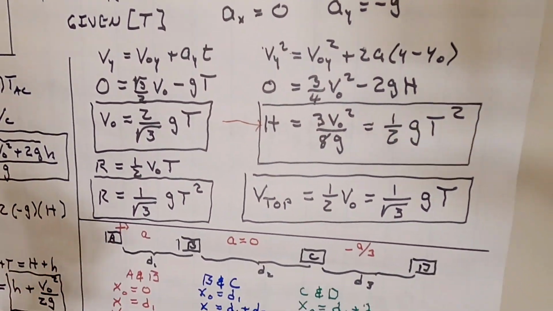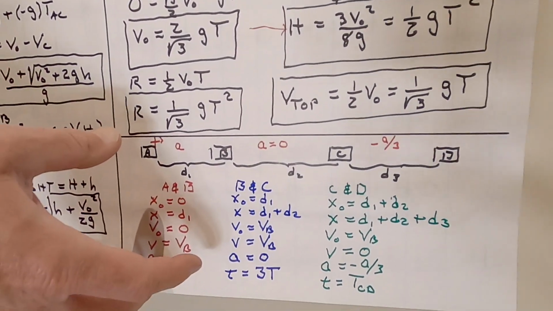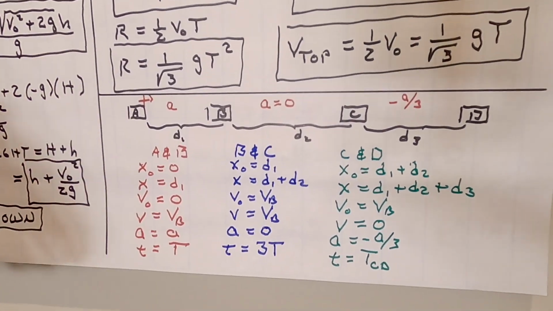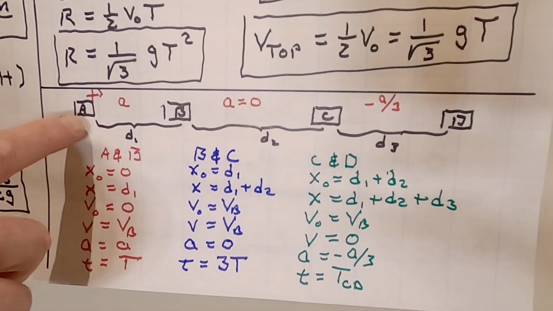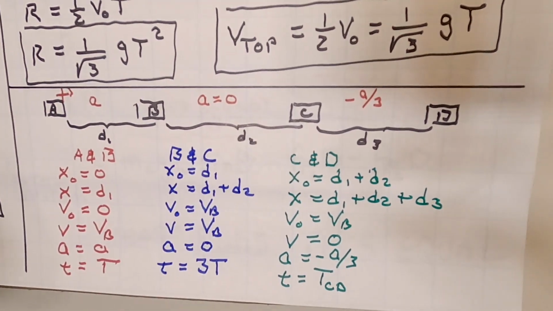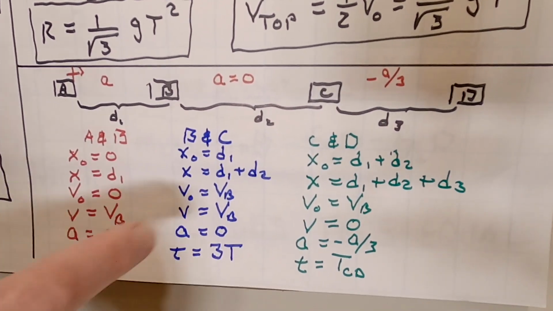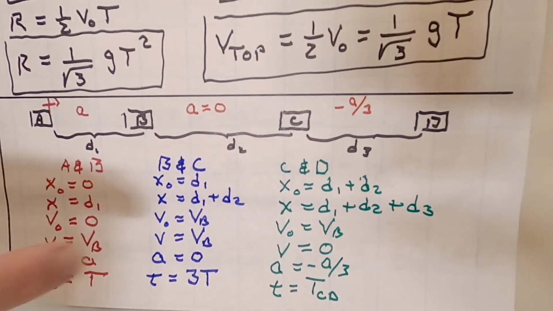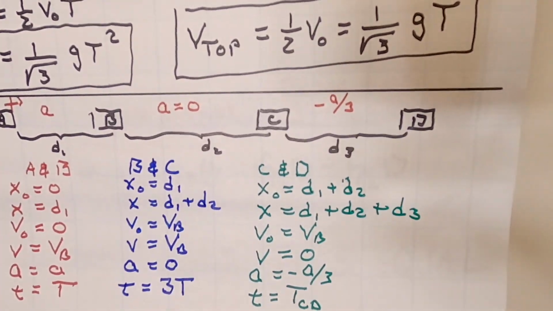Okay, now the extra credit problem, since I don't have enough space in here, I'm just going to show you how you would set it up. Here we have the car accelerating. Then it went at constant speed for triple the time, and then it decelerated at a over 3 until it stopped.